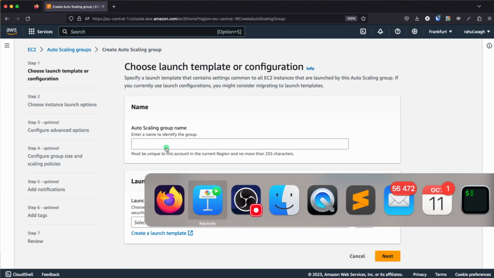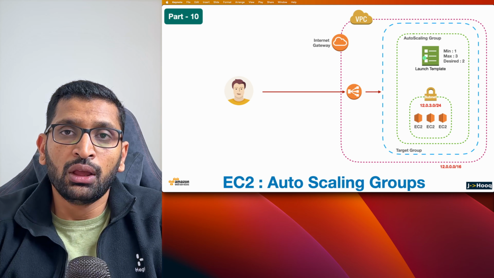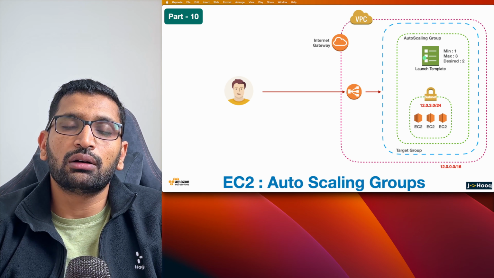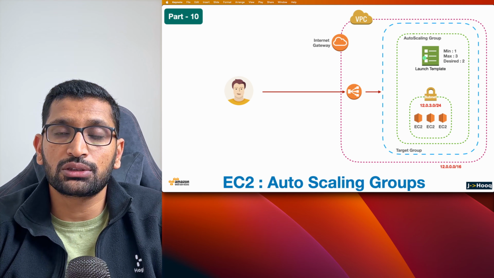Here we need to enter the name of our auto scaling group. But before that, let's take a look at the diagram once again. Once we create an auto scaling group, it is going to ask what kind of EC2 instance you need to create. For that, we need to use the launch template. The launch template is basically a primary configuration where you specify what kind of EC2 instance you want to provision.